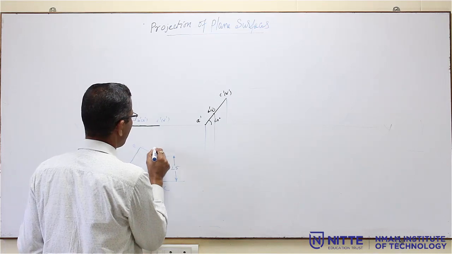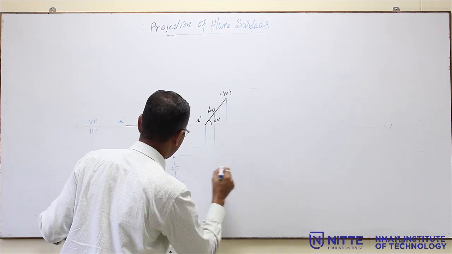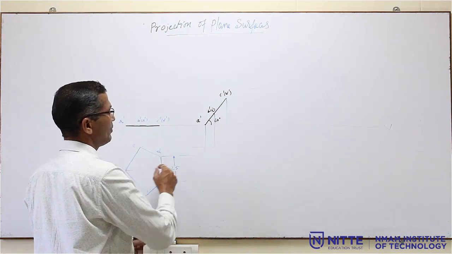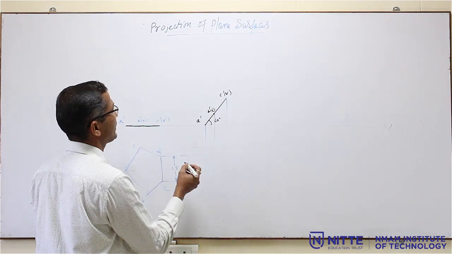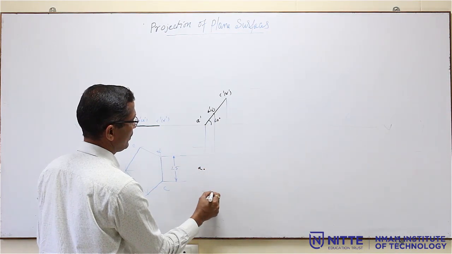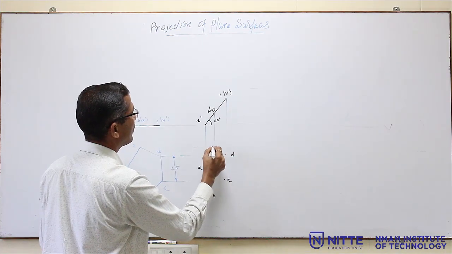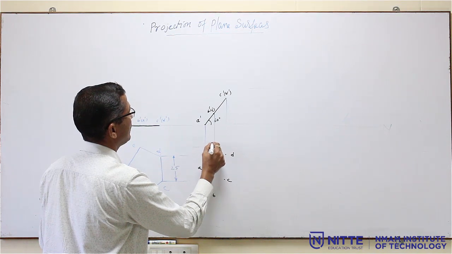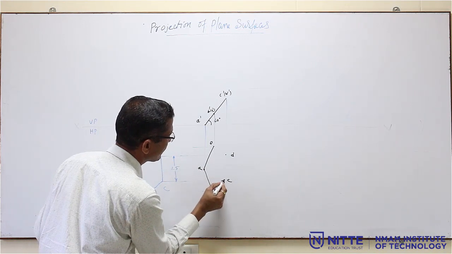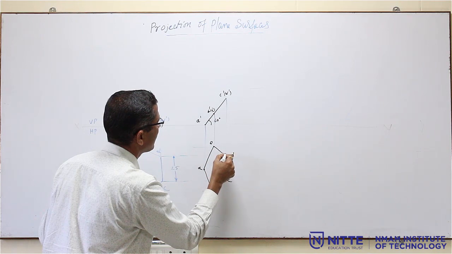and project horizontally. All the 5 points you have to project with light lines parallel to xy line. Then mark the points, this is A, then join A, B, C, D. So, one condition is satisfied.